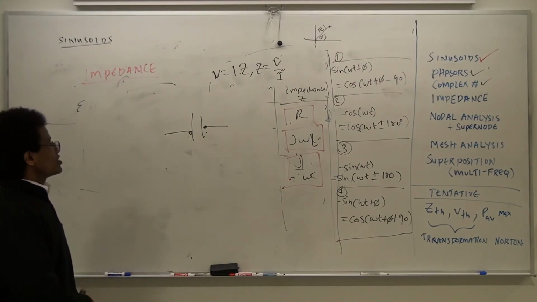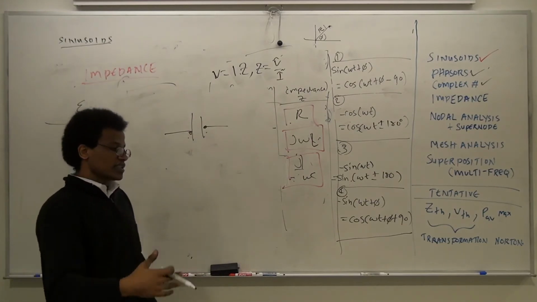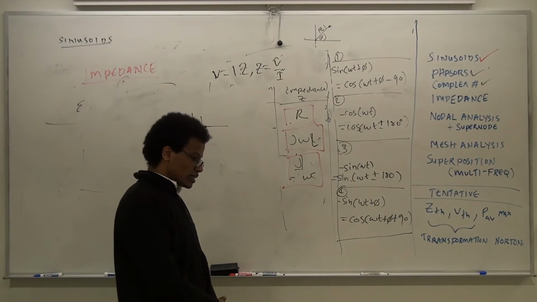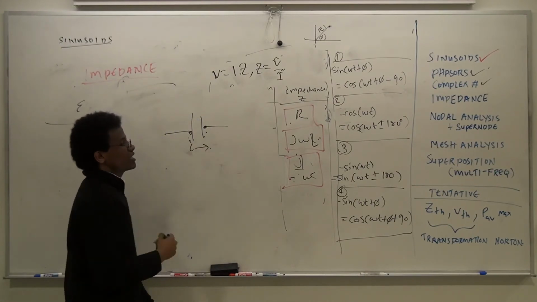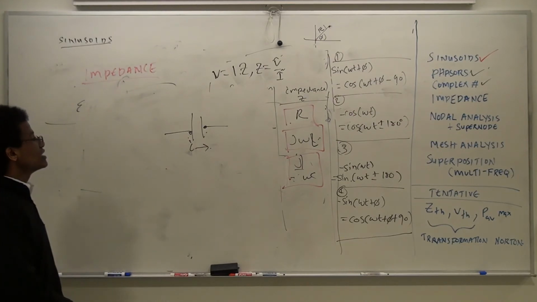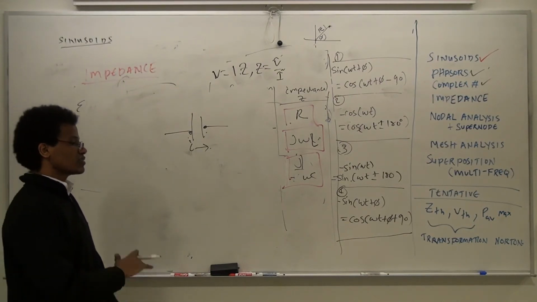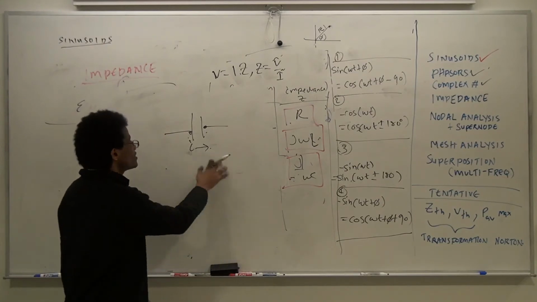Let's make it simpler: what is the current that flows through a capacitor after sufficient time has passed in DC? I equals C dV/dt. The voltage is DC, constant, so the derivative of a constant is 0. So the current is 0.